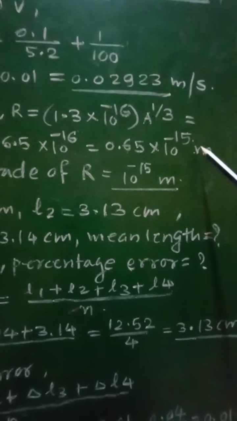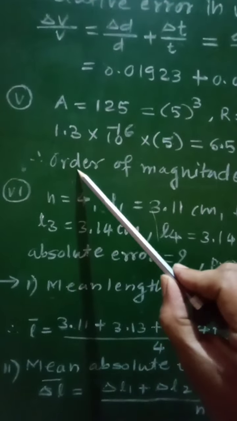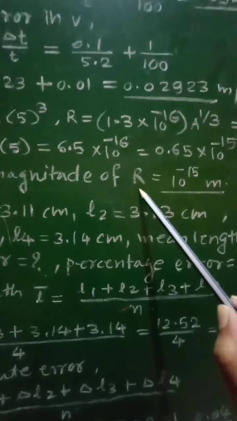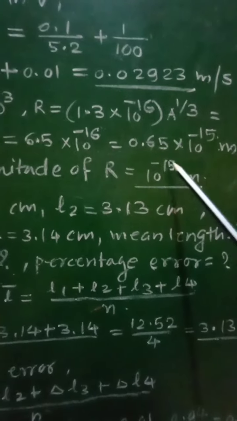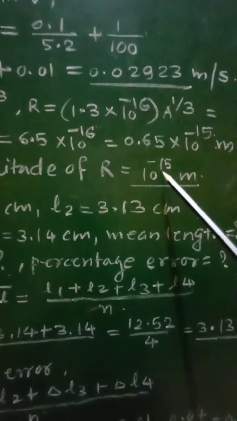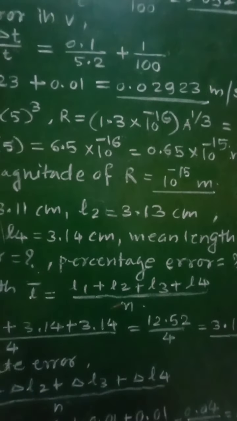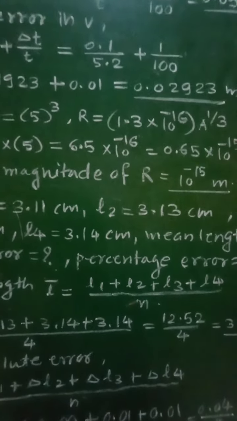Therefore the order of magnitude of this radius r will be equal to 10 raised to minus 15 meter. So minus 15 will be the order of magnitude for this nuclear radius.